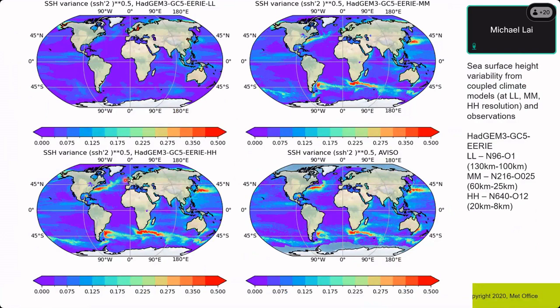The Gulf Stream looks like it's in more or less the right place. Kuroshio extends further into the Pacific. You see all your favorite features in the Southern Ocean as well. Some of those may be becoming more evident in the quarter degree, but certainly the Gulf Stream is still a bit underpowered and doesn't have the peaks in energy in the right place.